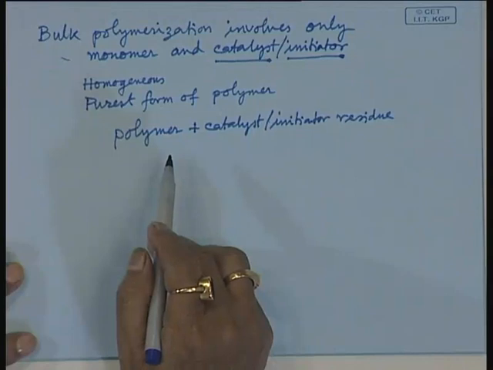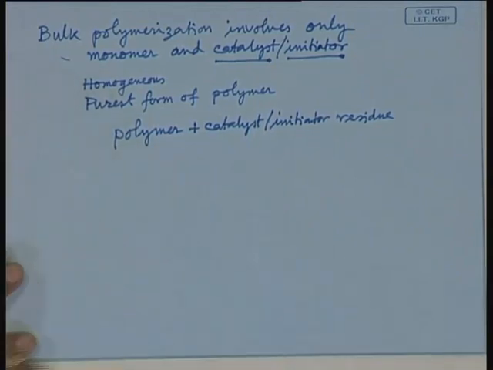But there may be a problem. In case of condensation polymerization, it involves very high temperature. When I show you this with the help of certain flow diagrams, synthesis of polyester or nylon, you will see that it involves very high temperature, because the melting points of the intermediates are very high.